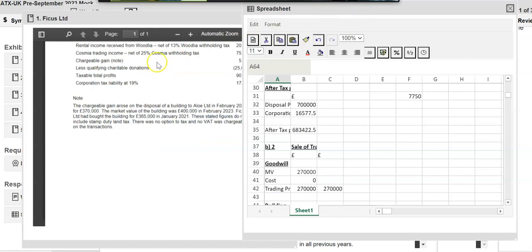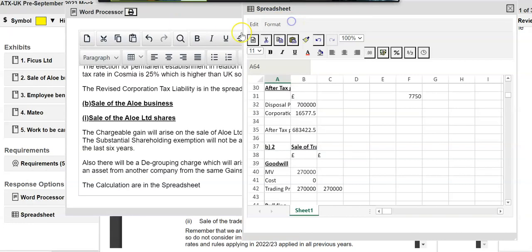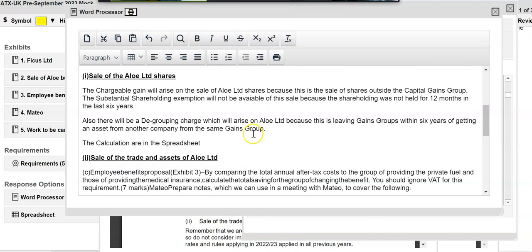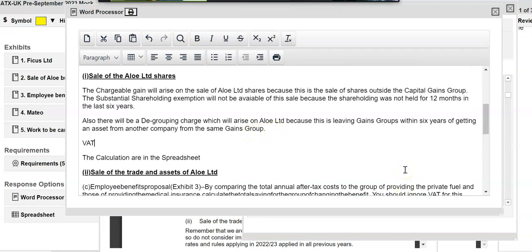right? So let's move to the word processing part, and let's add some things as well. Okay, so VAT is not applicable on the sale of shares.